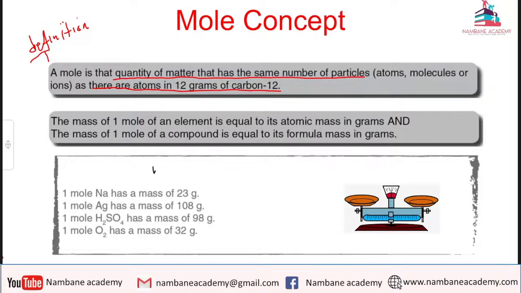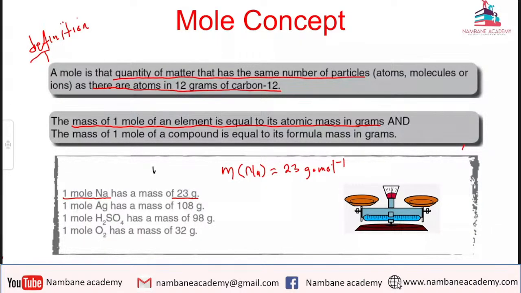Why? I want us to introduce the concept of molar mass. For sodium, when we look into the periodic table, it's 23 grams per mole.